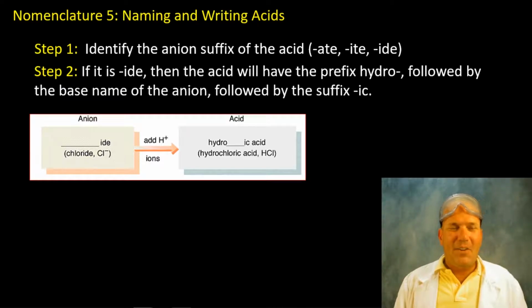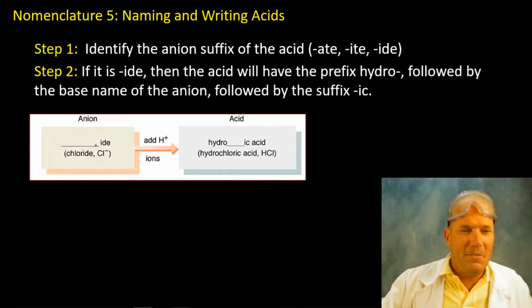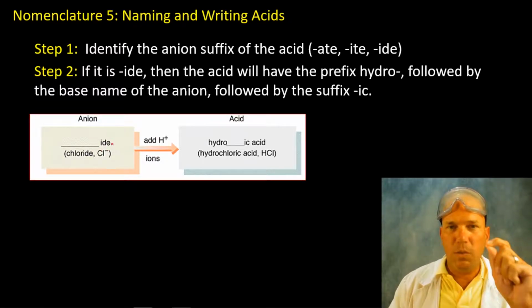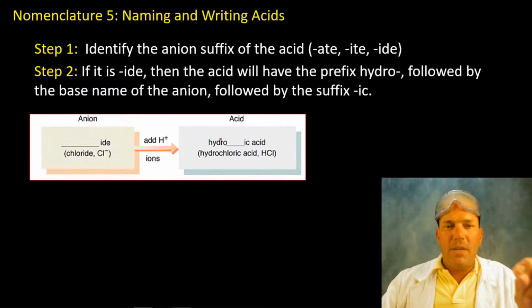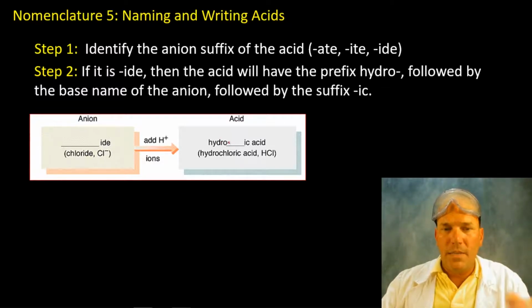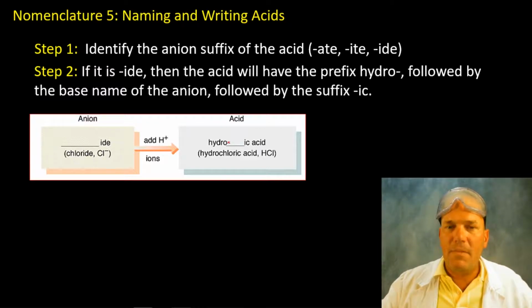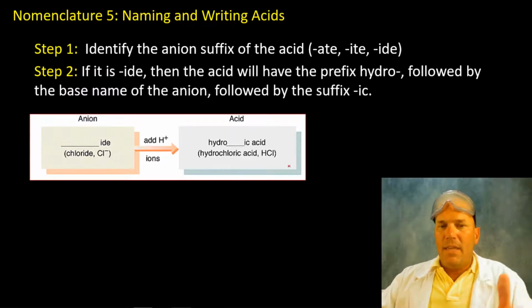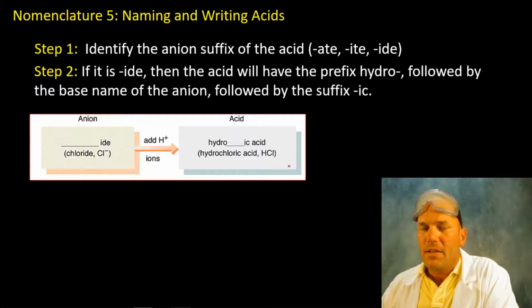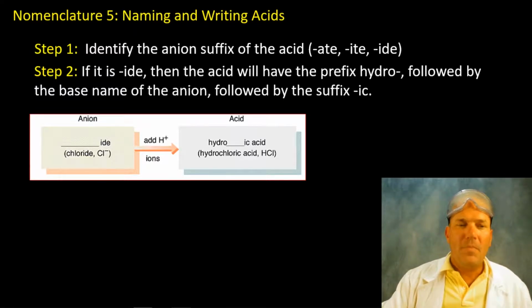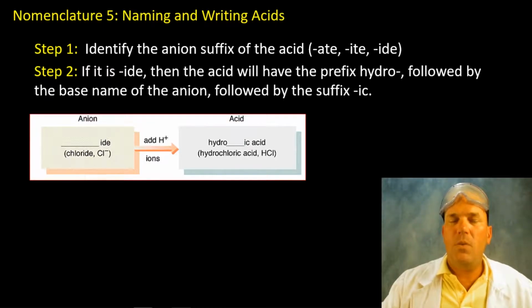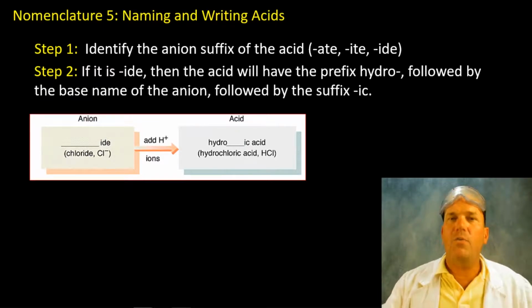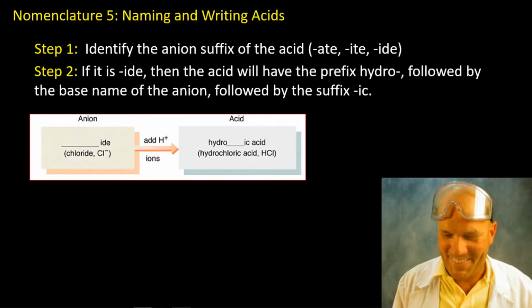Okay? So here you can see we have chloride, and that's ide. That's a chloride anion, and then we have hydro, and the stem, the base name of the anion, ick acid. In this case, we would have hydro, chlorine, chloric acid, hydrochloric acid.